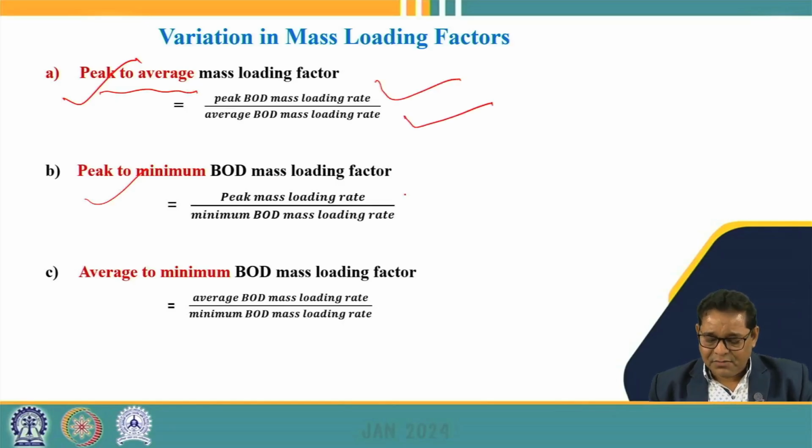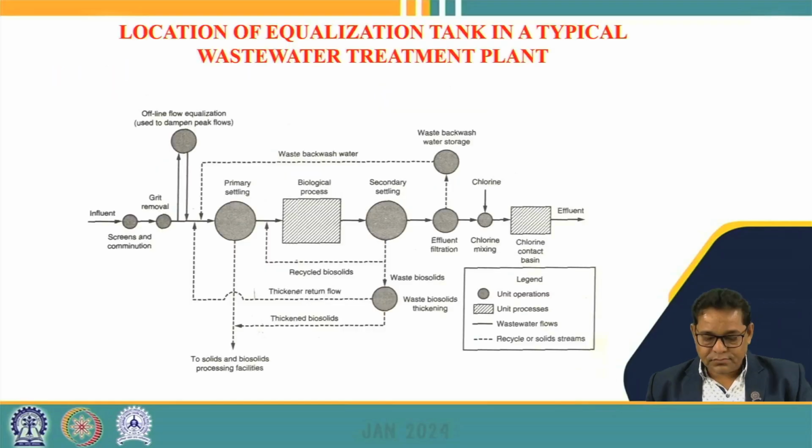Similarly, the peak to minimum mass loading factor gives the ratio of peak to minimum BOD mass loading rate. These are the different mass loading factors we determine to see the variation in the loading rates observed in the equalization tank at different periods of time.